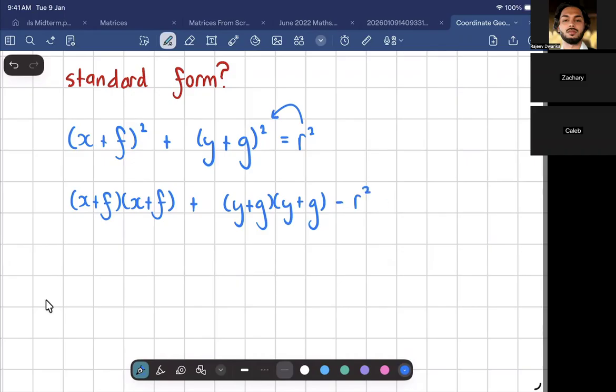Minus r squared. Think about it, Caleb. If you want to get rid of this on this side, wouldn't you have to subtract r squared? Because r squared minus r squared. Now think about it again. What is r squared take away r squared?